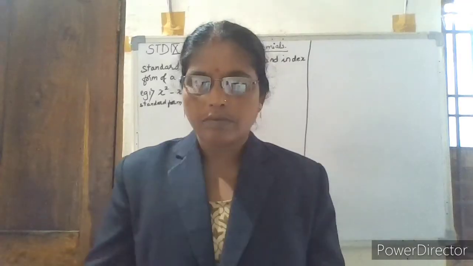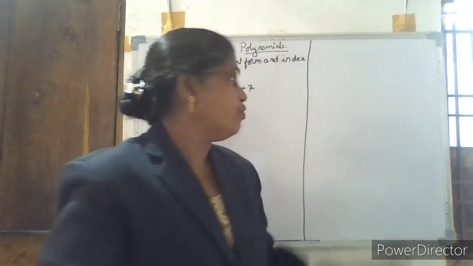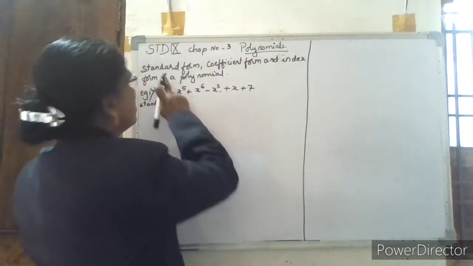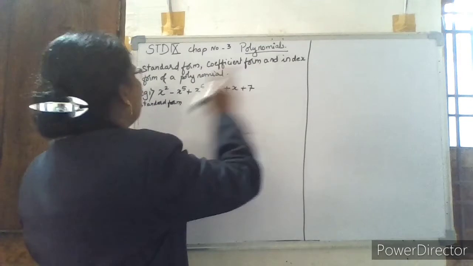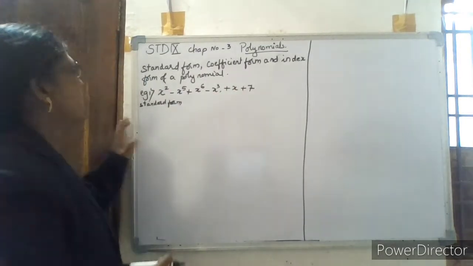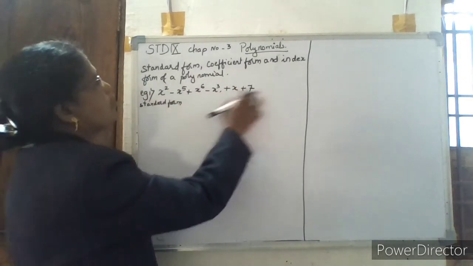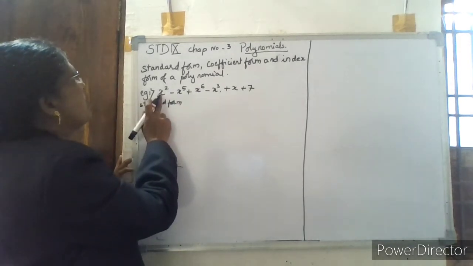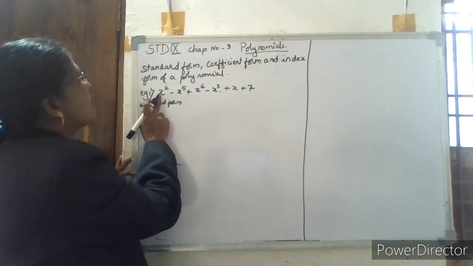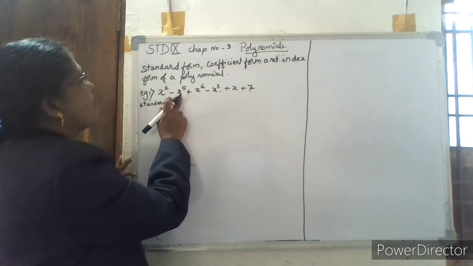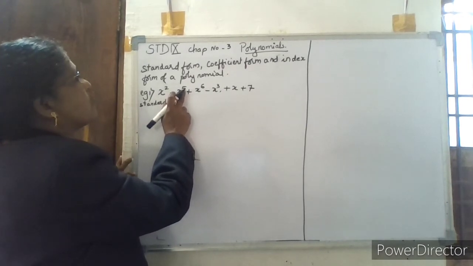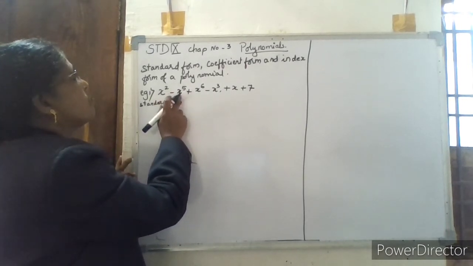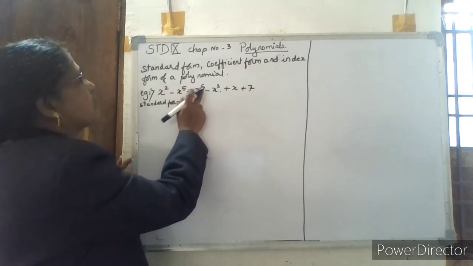Now, we go with the next topic, that is standard form, coefficient form and the index form of a polynomial. So, I have taken a polynomial here. Example 1: x squared minus 5x raised to 4... minus x raised to 5 plus x raised to 6 minus x cube plus x plus 7.